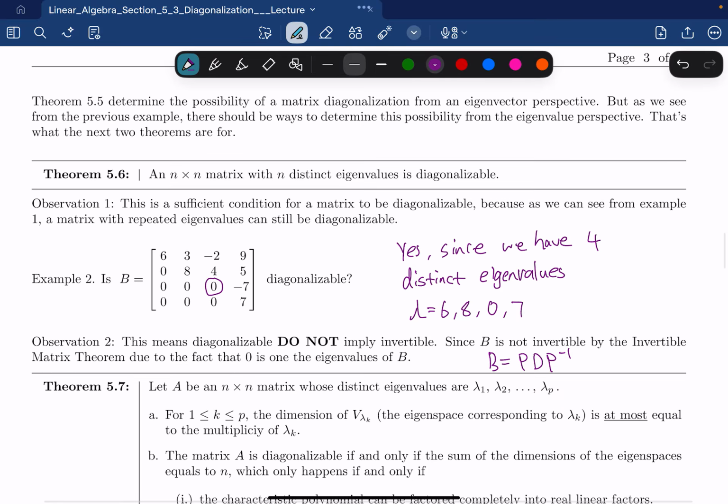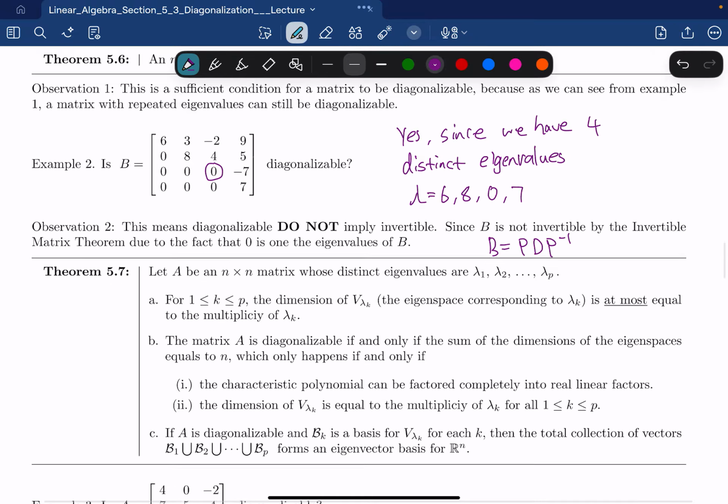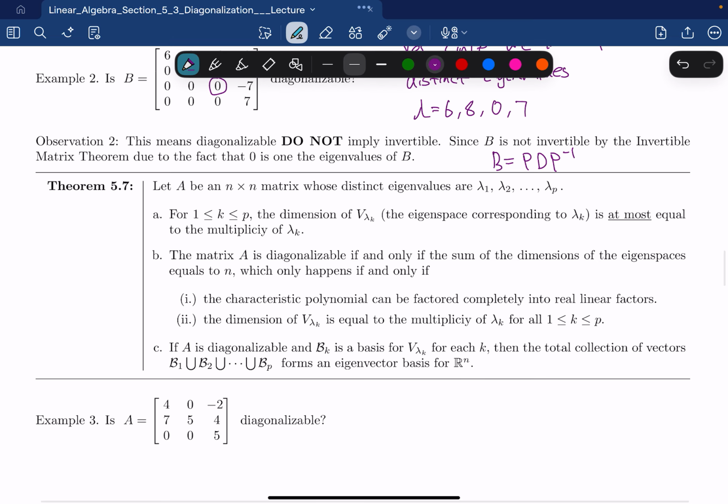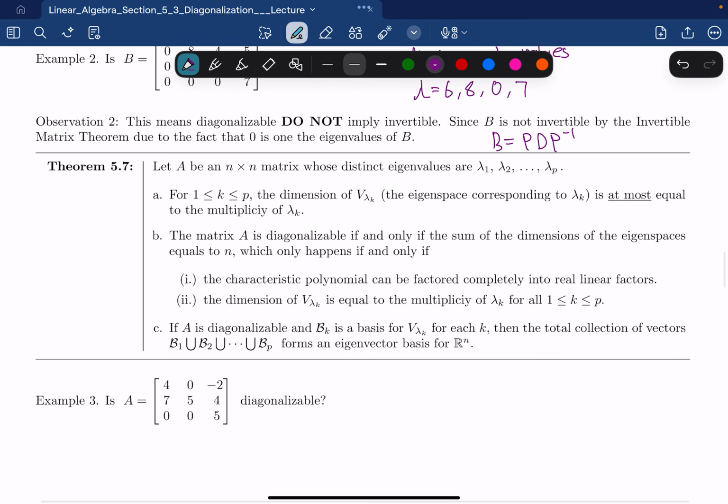Okay, 5.6, easy money. 5.7 is where the bulk of the criteria is going to be, and this is a big theorem in chapter 5. Here we go. Let A be an n by n matrix whose distinct eigenvalues are lambda 1, lambda 2, all the way up to lambda p. So this time we don't have n distinct eigenvalues.